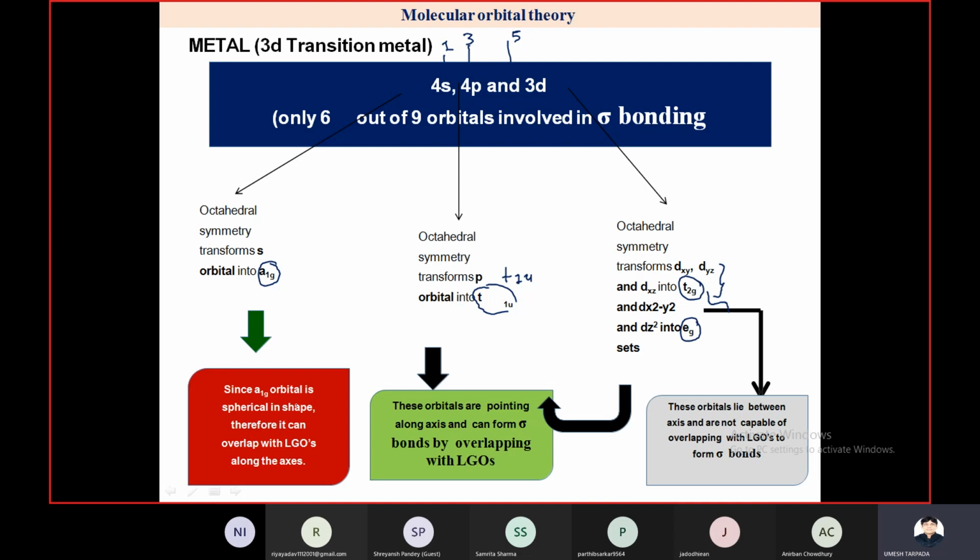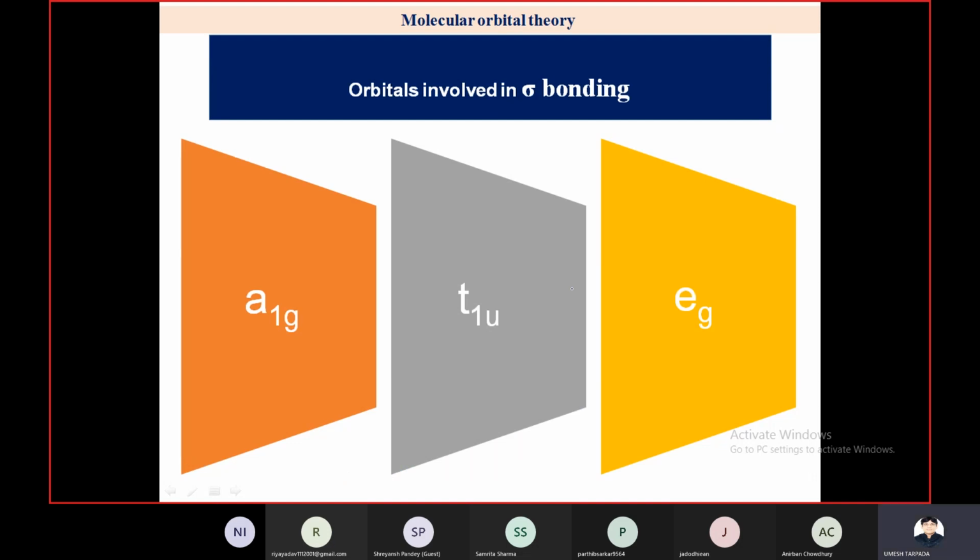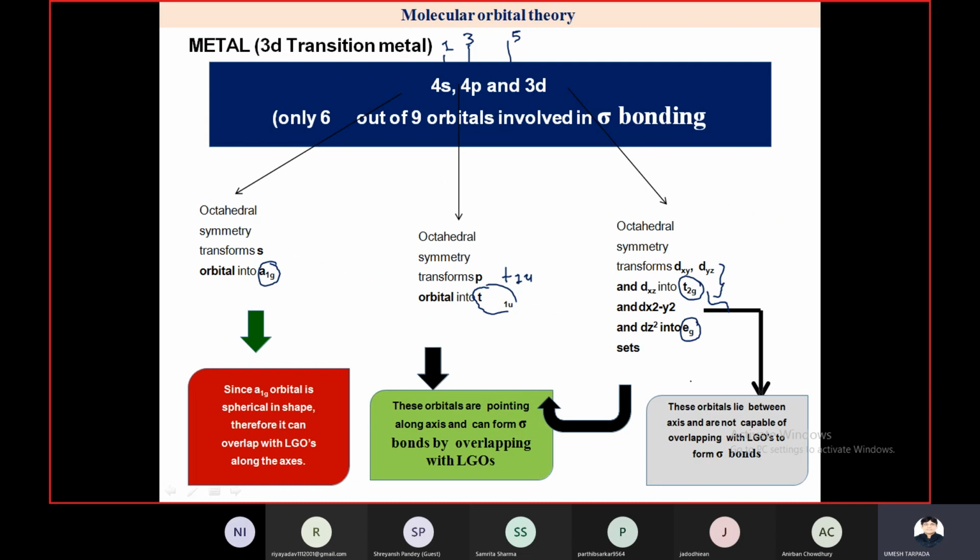The A1G orbital is spherical in shape, and therefore it can overlap with the ligand group orbital along the axis, so it can also form a sigma bond. Okay, so out of all these possibilities, out of these 9 orbitals, the T2G set cannot form a sigma bond.